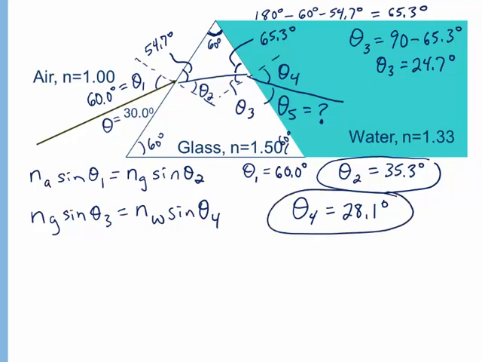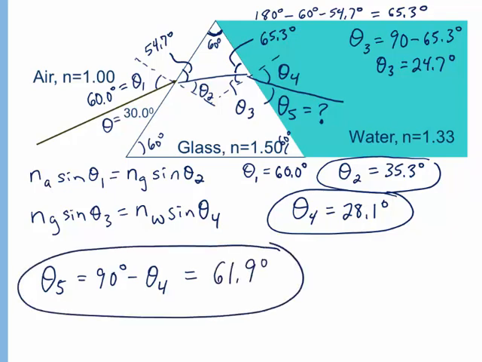And then, of course, to find theta 5 is just going to be 90 degrees minus theta 4. And therefore, my final answer was 61.9 degrees. Okay, that's the end of our look at reflection and refraction.